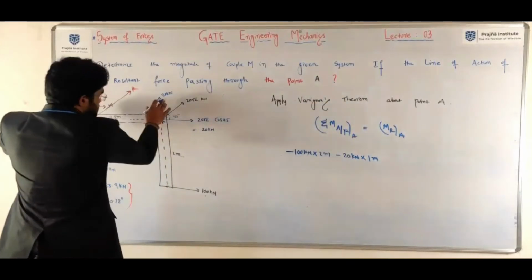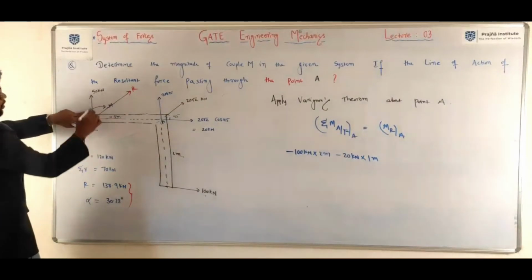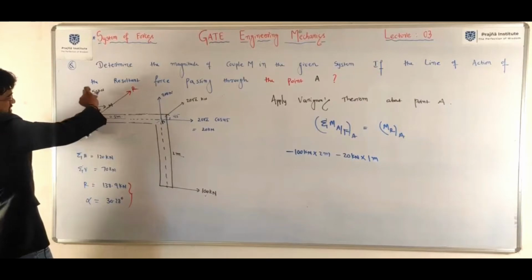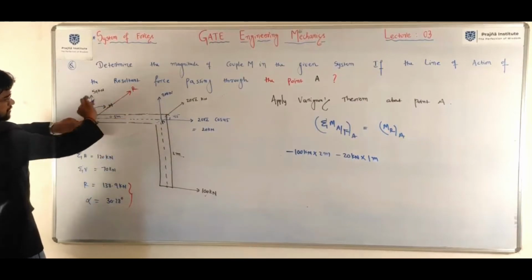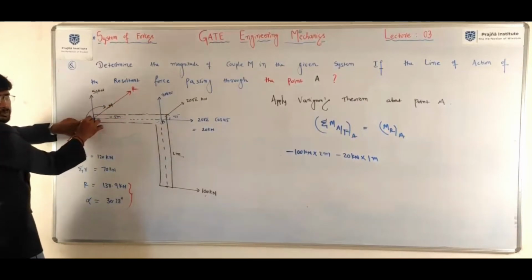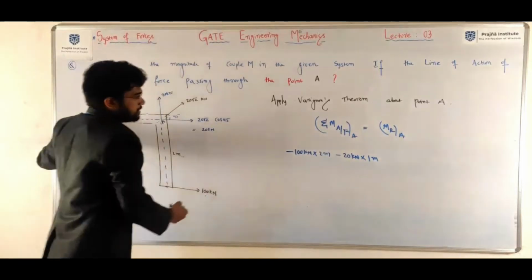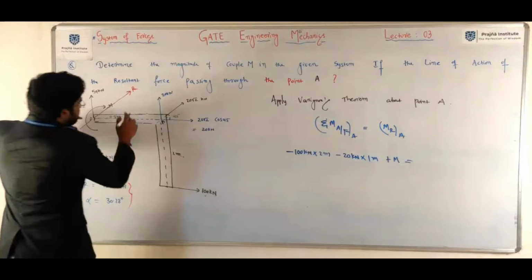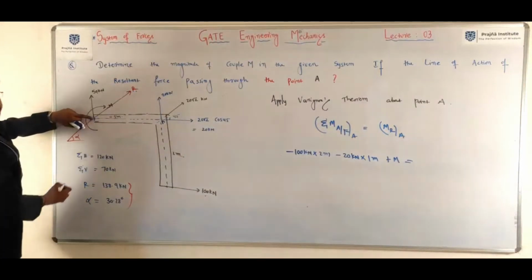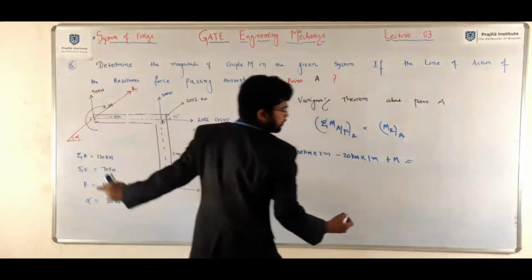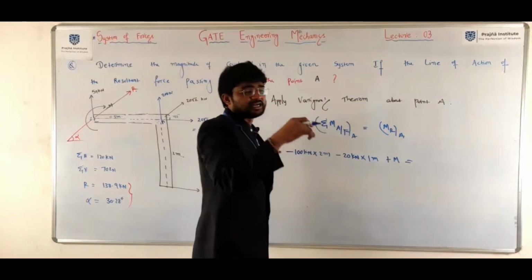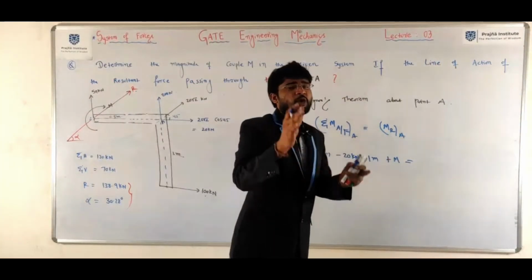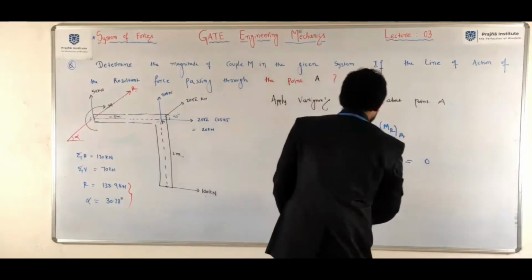Next, moment of 50 kilonewton about this point, 0. Then is this clockwise or anti-clockwise about this point A? Clockwise only, so plus M. Next, the moment of the resultant force about point A equal to 0, since the line of action of the resultant force passes through point A.